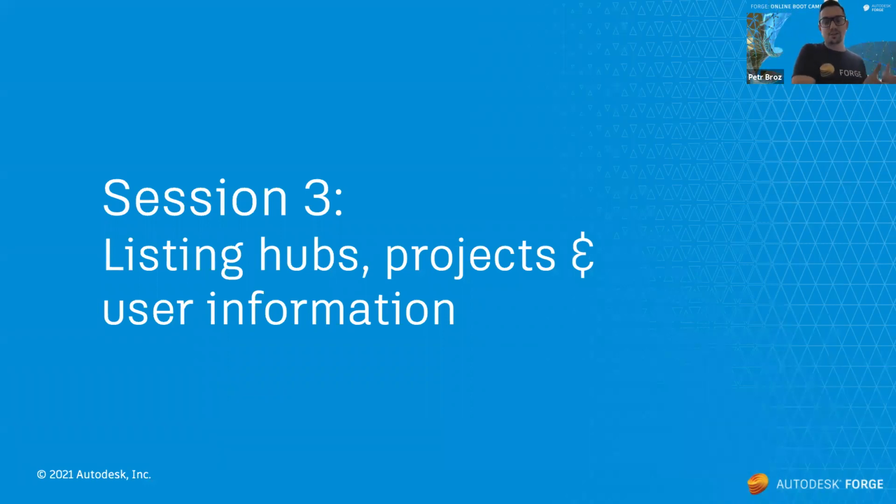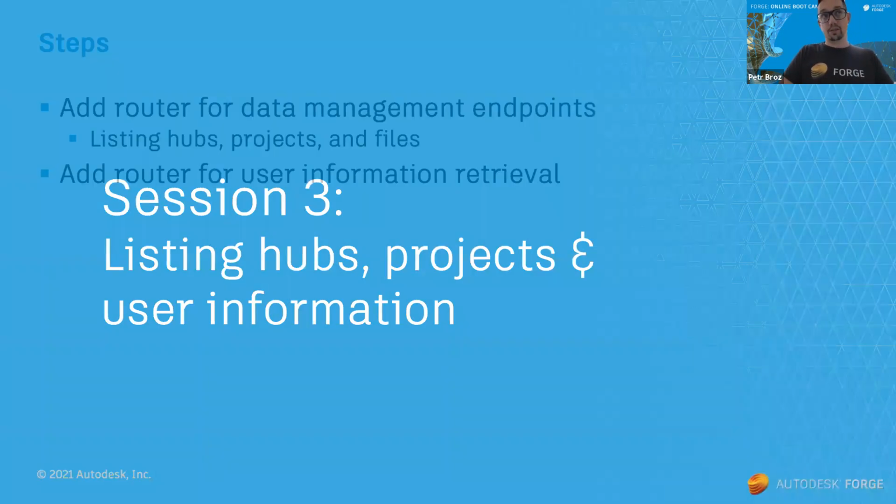ACC, Autodesk Construction Cloud, can be another hub. So we will extend the server, exposing additional endpoints that will allow us to list hubs, and then to list all the projects inside these hubs, and then to list folders and items, documents and versions of these documents inside the project, as well as to get some additional information about the user who just logged in through the three-legged authentication workflow.